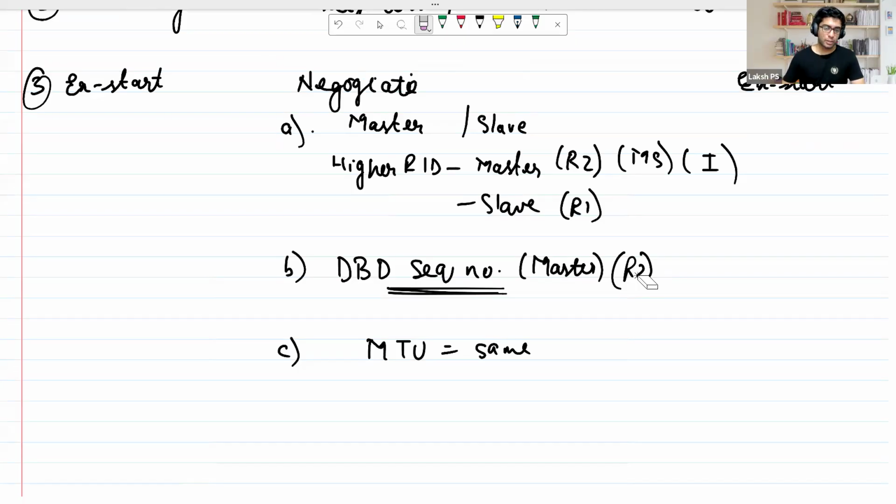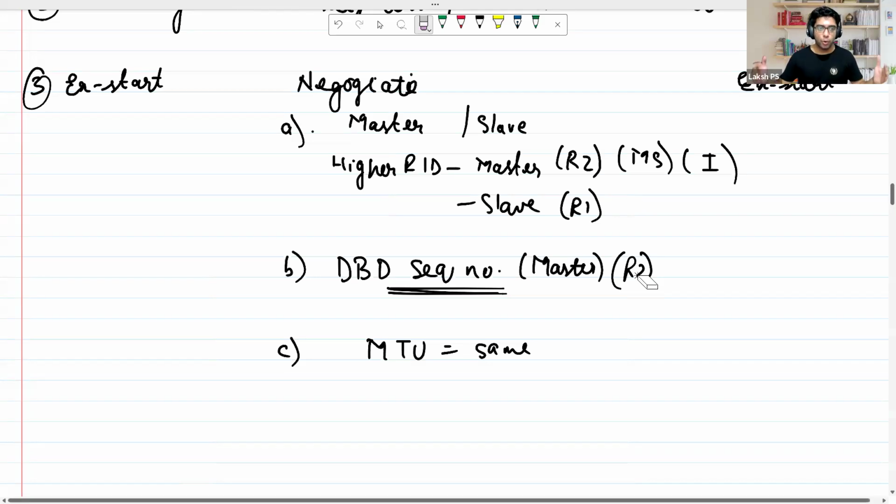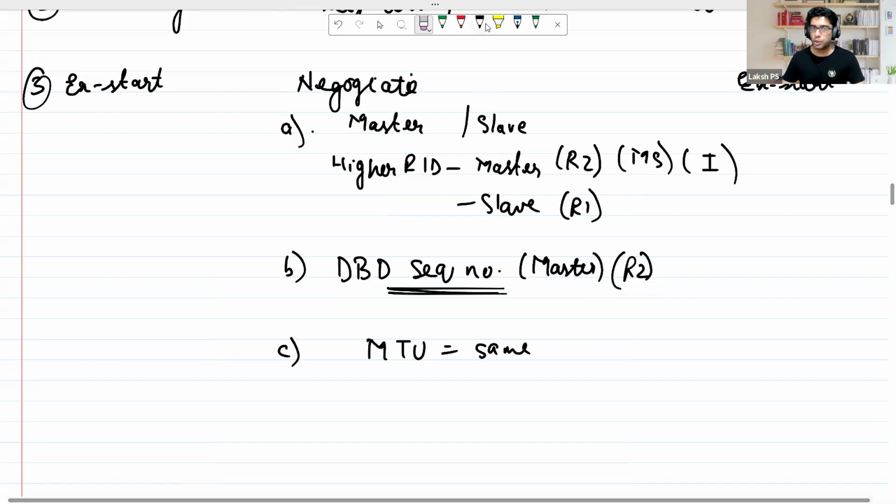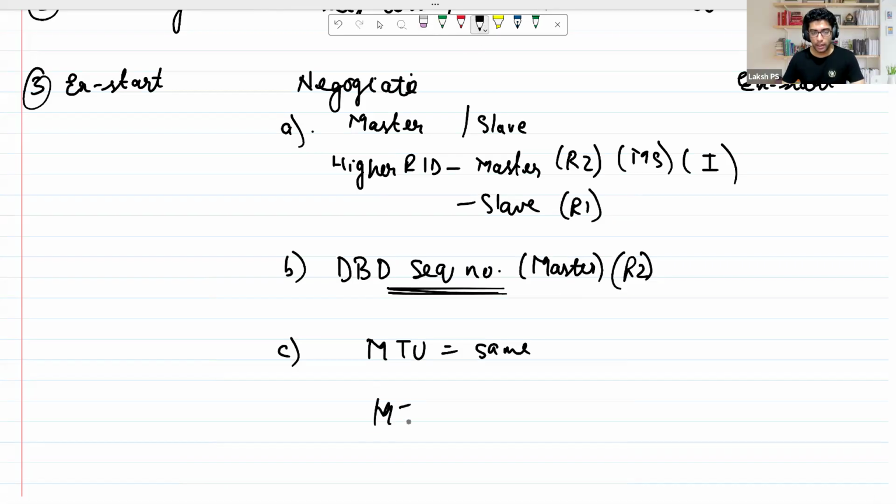Now, a follow-up question. The interviewer says it is a network requirement that the two routers should have different MTUs. Now, what can I do? I still want OSPF to start, but the MTUs should be different. What can I do? So in Cisco, I'm not sure about other vendors, but in Cisco, you have a command called MTU ignore.